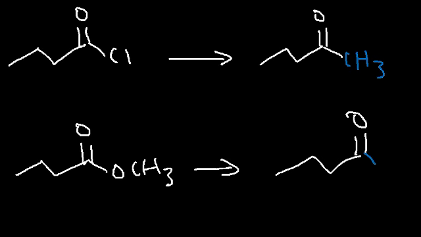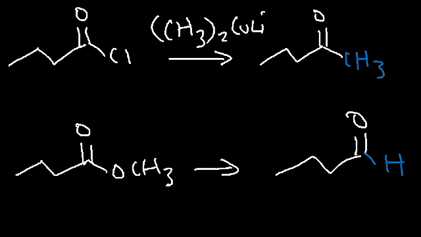How can we do that? Well, if you want to make a ketone, what you need to use is the Gilman reagent, or the organocopper lithium reagent. This will reduce the acid chloride to a ketone, but it won't react with the ketone. And if you want to get the aldehyde, you need to use something called DIBAH.